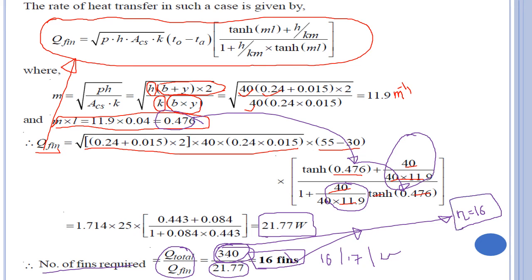The real example, you can say industrial example, is in front of you. All the data is available and you have to decide as an engineer how many fins are required on the motor body to maintain 55 degrees Celsius. So this is the way through which you can calculate the number of fins required for a motor body.